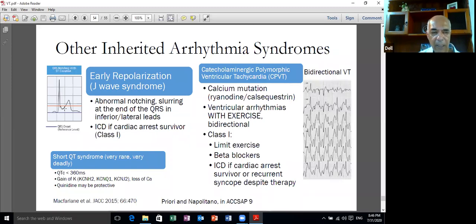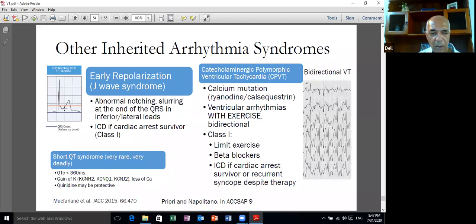This is not clearly settled, but the only point that is accepted by most people working in the field is that an elevation which is either horizontal or descending of the ST segment, particularly in the inferior and lateral leads, should be considered if the patient is having a cardiac arrest or is a survivor of syncope. Under these circumstances, you consider early repolarization syndrome.